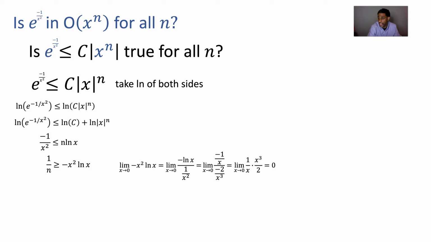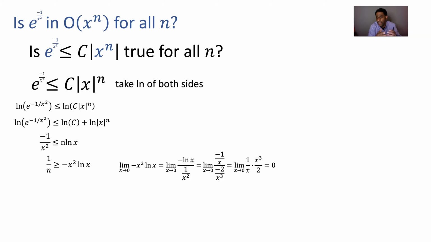X is headed to 0, negative x squared times the natural log of x. That's of the form of a function headed towards zero times a function headed towards infinity or negative infinity, so we have a product that's indeterminate. We can make it a fraction and end up with a form that's usable as far as L'Hopital's rule goes.